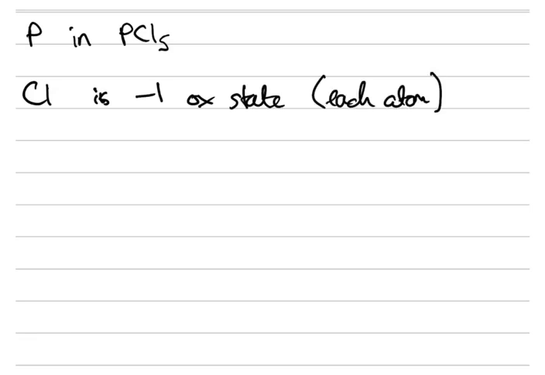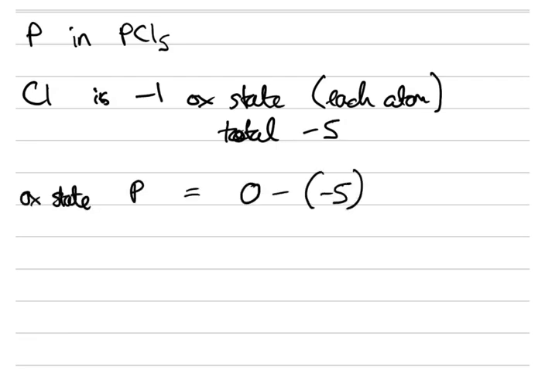So that is a total of -5 for the chlorine atoms. Because the total oxidation states of PCl5 must be 0 overall, the oxidation state of phosphorus is 0 minus those -5 of the chlorine atoms. And that, of course, means that the oxidation state of phosphorus in PCl5 is +5.